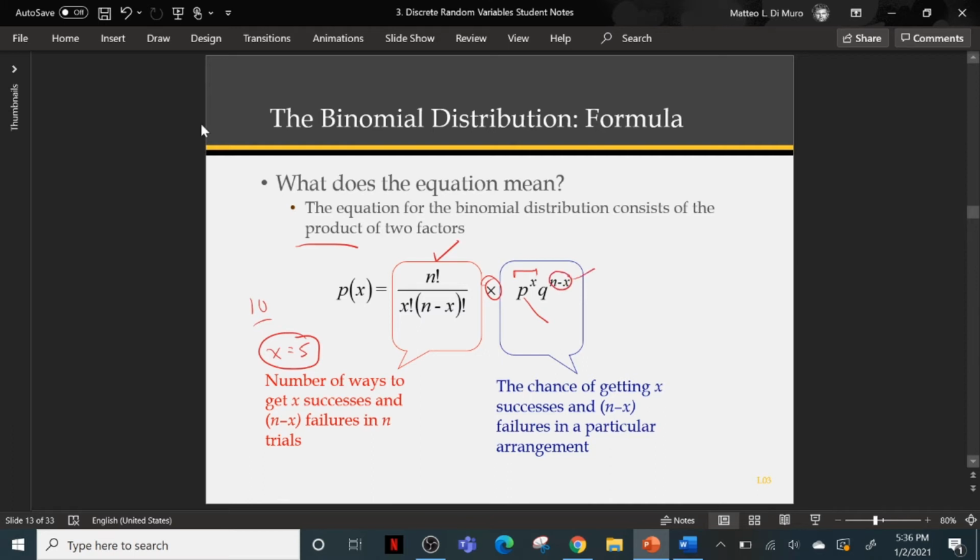So this would be the number of failures, right? x is the number of successes, p is the probability of success, and q is the probability of failure. I'm sorry, I spelled failure completely wrong. But anyways, that usually makes a bit more sense to people.